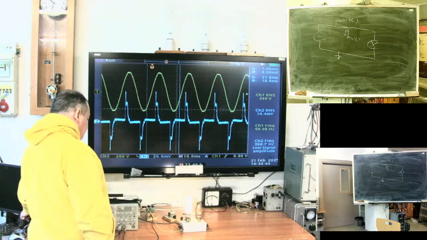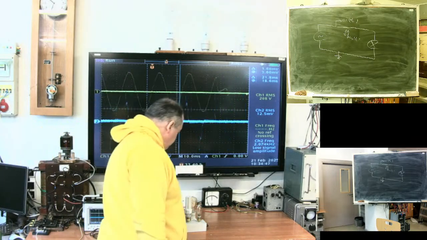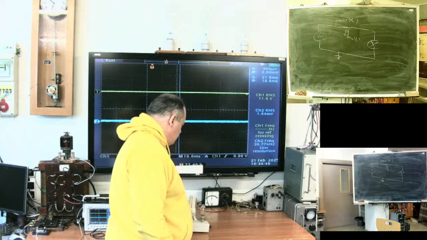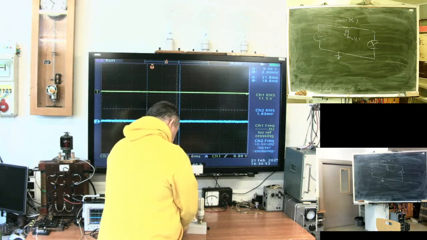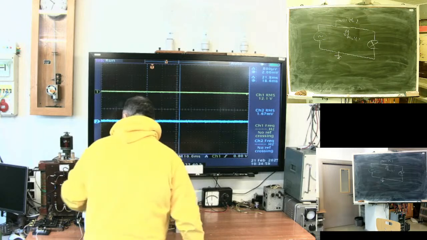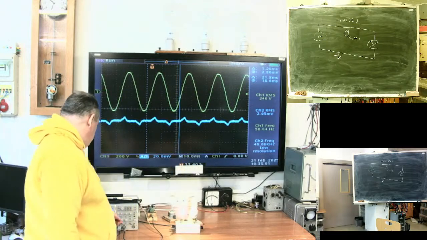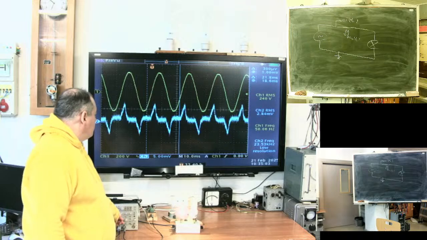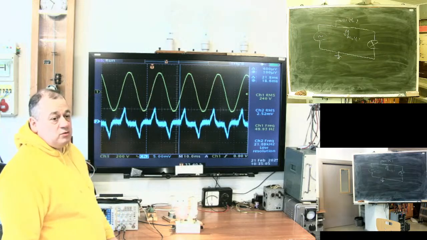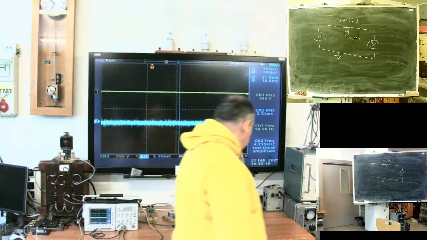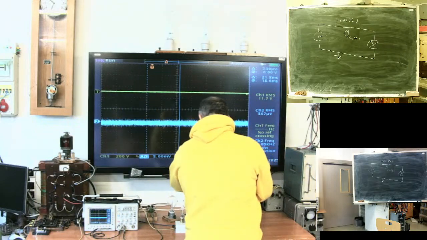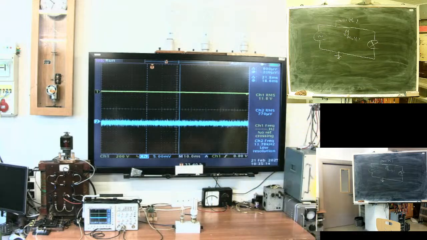Something wrong here. Maybe this small LED. Current of the small LED one. Something more.